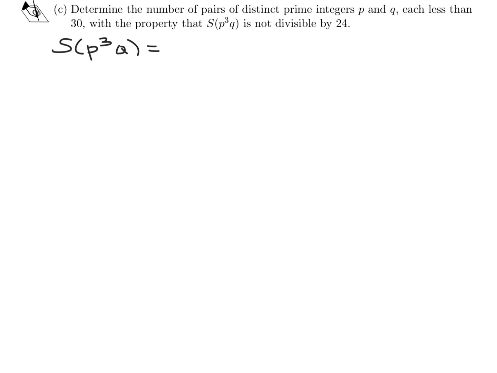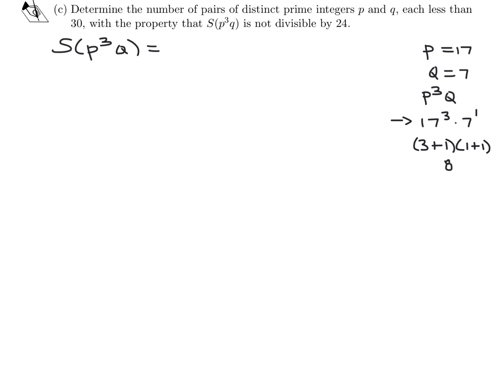All right, so let me just make a little example here. Let's say p was 17 and q was 7. Then p to the power 3 times q would be 17 to the power 3 times 7 to the power of 1. Now, using our little tool, we can say that the number of divisors is 3 plus 1 times 1 plus 1, which is 4 times 2, which is 8. So we've got to come up with 8 divisors of that.